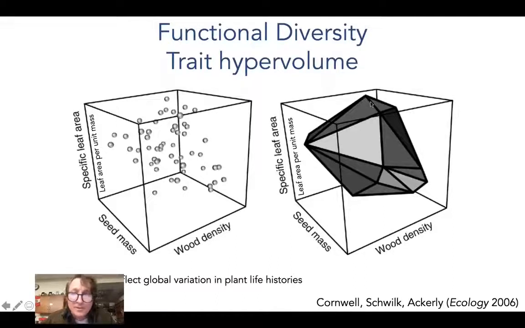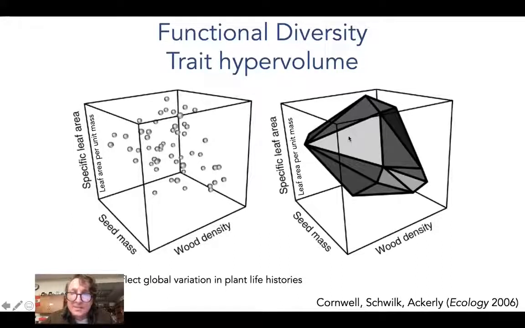If we put, in this case, a convex hull, or wrap plastic around all of those species together, we get this volume. This is one measurement of trait diversity, and we call this a trait hypervolume. That is, how big a space in phenotypic space do these species occupy?